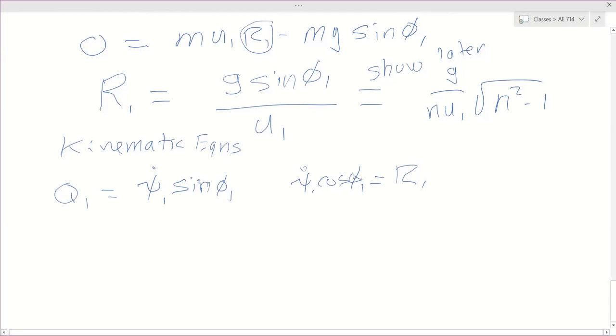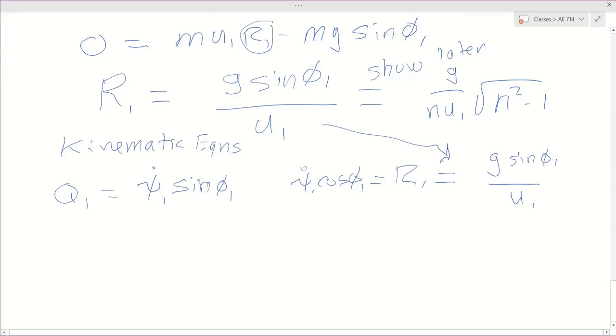So this is where we took the fact that this is essentially expressing that vertical z direction psi dot in the body fixed axis system. So that goes with the figure that we drew, and it just comes straight from the kinematic equations as well. And so then over here I'm going to write the expression for R1 that we got up here.